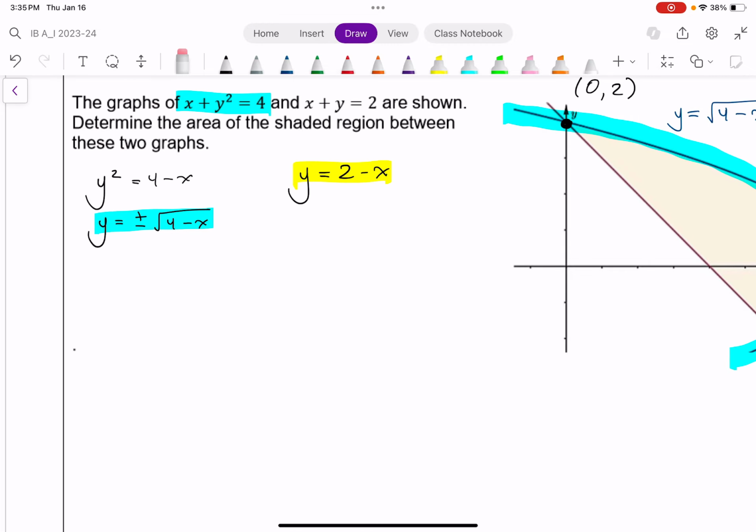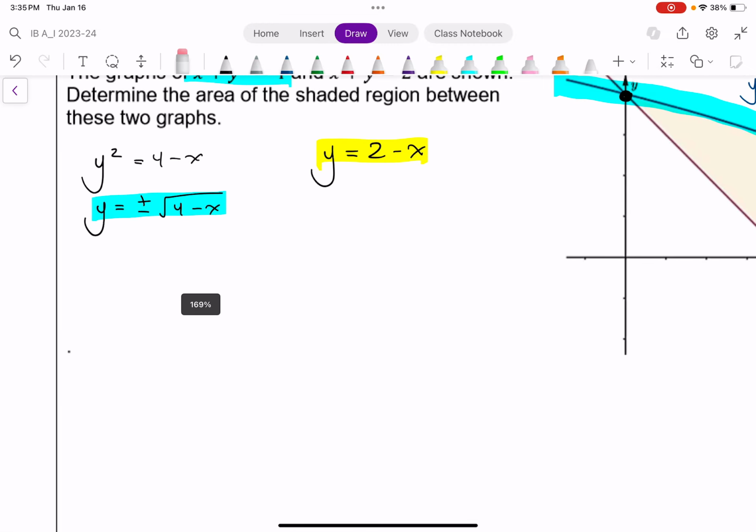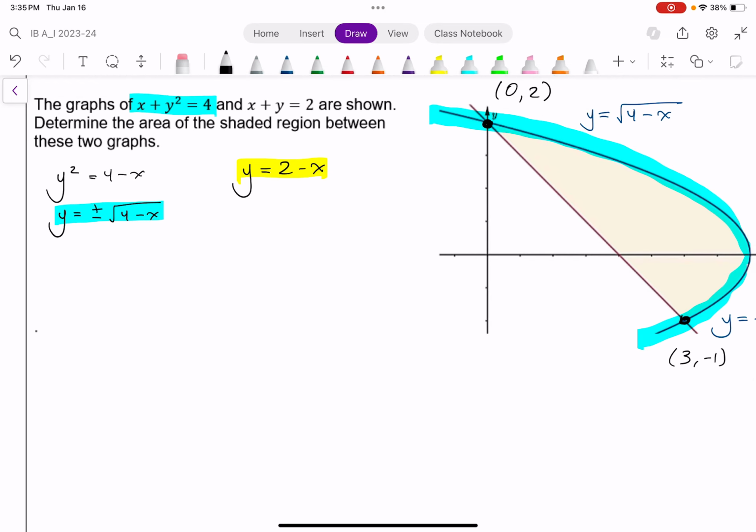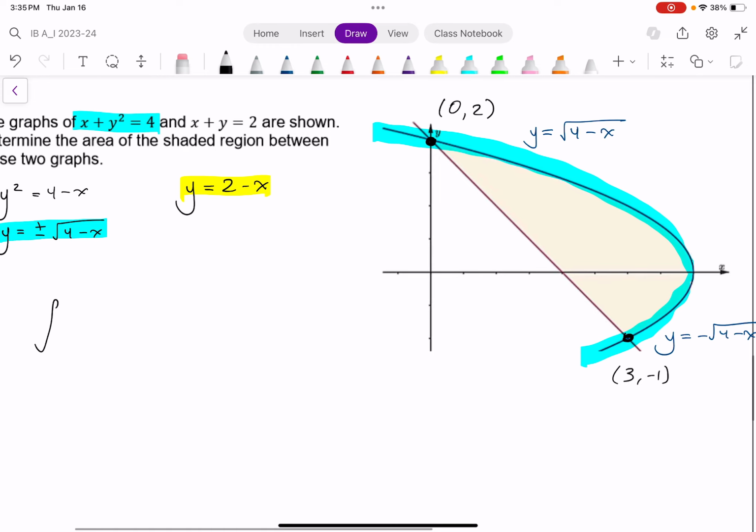And so for this, I've already found the intersection points. But now I want to think about a couple of integrals. I want to think about the integral in terms of y, from the lowest bound on y up to the highest bound on y. And so I want to think of an integral from -1 up to 2.